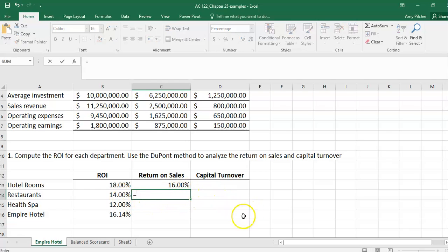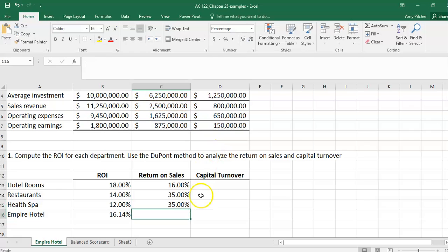Some of the reasons that ROI, return on sales, and capital turnover are sometimes considered faulty measures is because we have a wide variety of things that affect our earnings and how our investments are calculated. For example, the depreciation method that we use affects how our investments are carried in our books and what their value is.